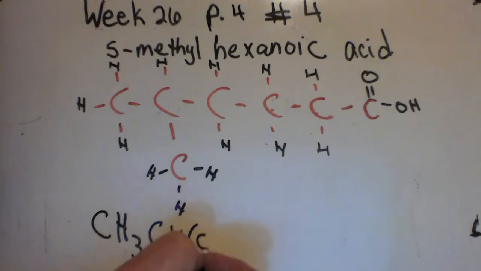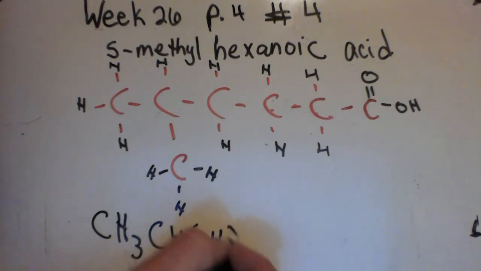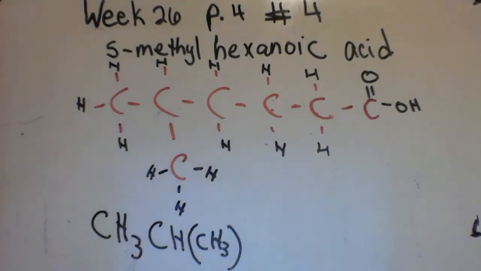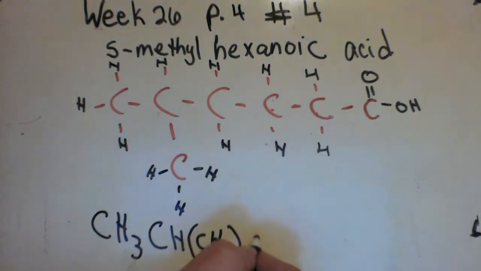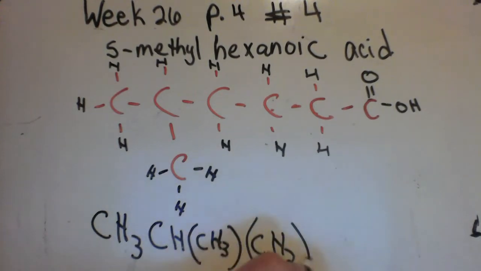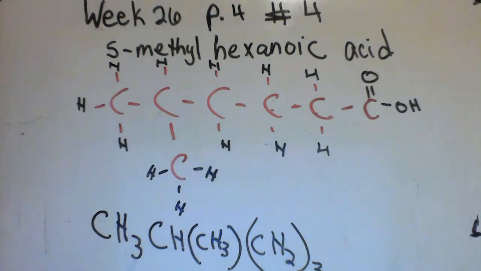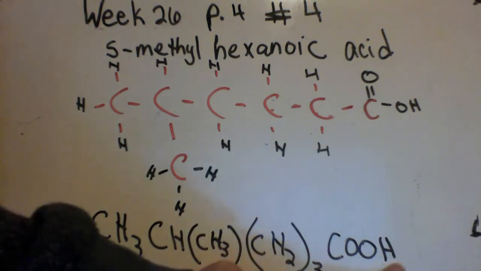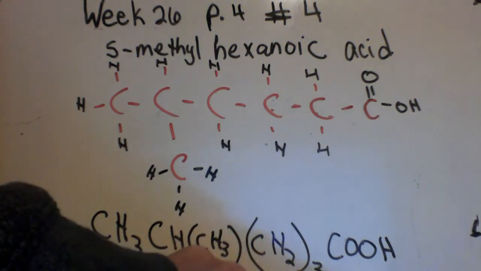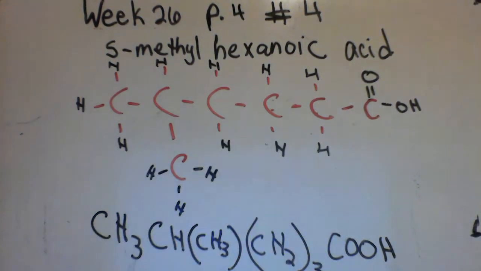We're going to put that branch of methane in parentheses. And now we have 1, 2, 3 CH2s. And then we have our carboxyl group. The carboxyl group is always written COOH. It helps you to identify it as a carboxylic acid.